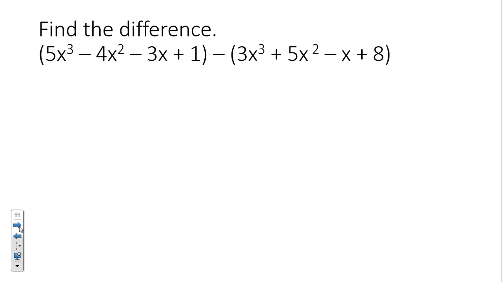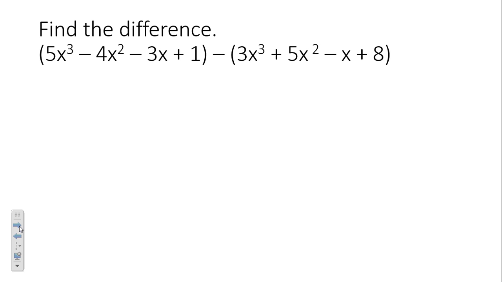All right. So now we're going to skip down and look at number 5. So you'll have 2, 3, and 4 to work on your own. Number 5 says to find the difference. Okay, 2 parentheses here again, 2 polynomials. This time we're subtracting. So what do you have to be careful of?